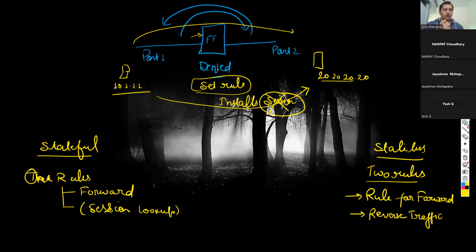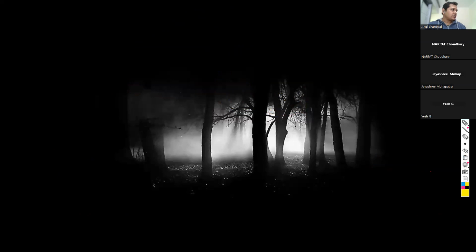So this was about stateful and stateless. Whenever we are talking about the policies that we set up on the firewall to allow traffic, I'll go through a lab to show how we do it. So let's jump to the labs.